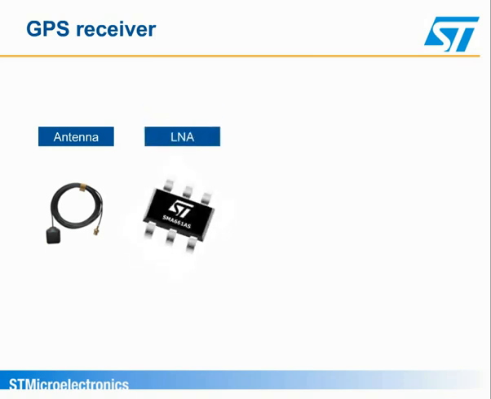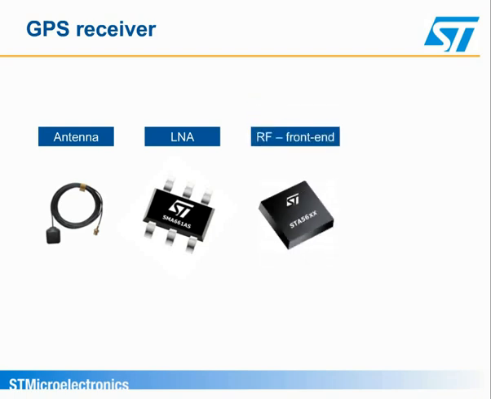The signal from this antenna is amplified by a low-noise amplifier, such as the SMA-661, followed by a radio receiver system, as we have to receive a 1.575 GHz signal. The receiver or radio frequency circuit converts the satellite signal down to a frequency band which can be used by the baseband circuit.